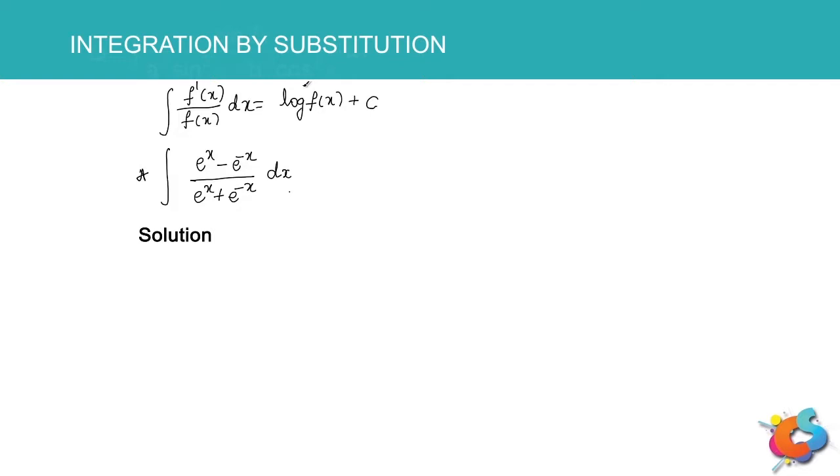The other way, let us change the variable and solve. So we will put e power x plus e power minus x as t. If you differentiate this with respect to x, we will get e power x minus e power minus x into dx is equal to dt. So the given problem becomes dt in the numerator, whereas the denominator is t.